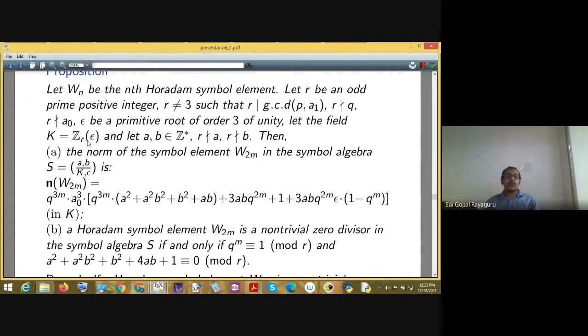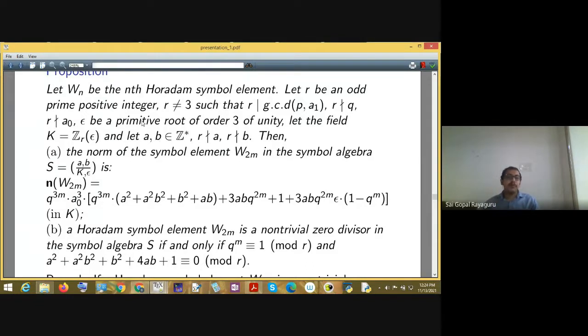And r does not divide a naught, that is the initial term w naught, and epsilon be a primitive root of unity of order 3. And let the field K be the extension field over the field Zr, because r is prime. With the symbol algebra definition, we consider certain things, and based upon that we have an algebraic structure that we call the symbol algebra.